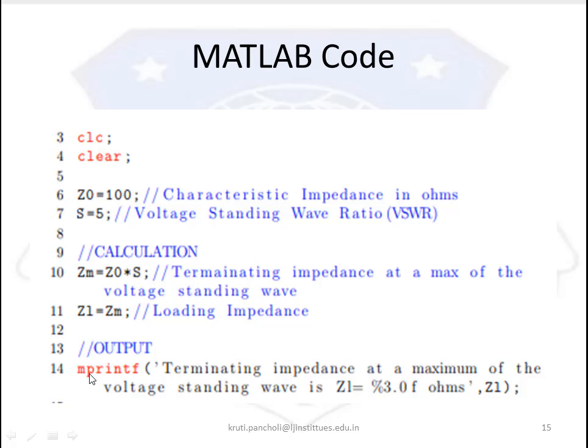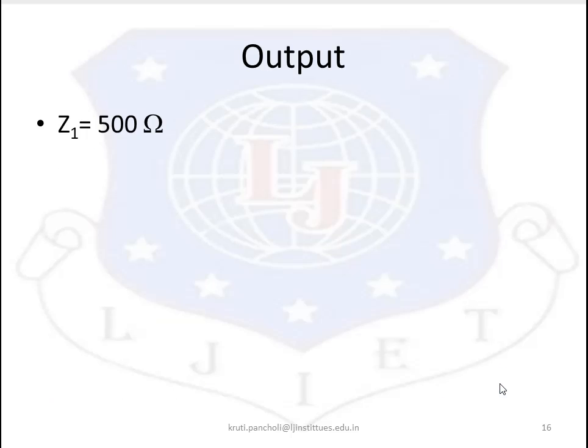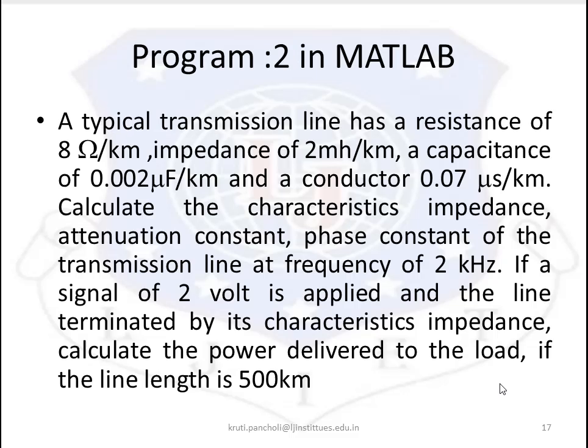Using this you can find the terminating impedance at a maximum of voltage standing wave: Z1 is equal to %3.0f ohms. You can run this code in Scilab also. The answer you will get is Z1 equal to 500 ohm.